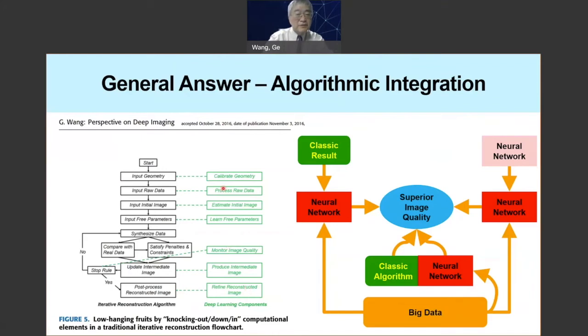And we should really take all good algorithmic ingredients from classic algorithms, including compressed sensing algorithms. For example, you do a classic reconstruction, the results are not very good, then you just improve the results by a neural network. And you could also combine the classic algorithm and the neural network together.